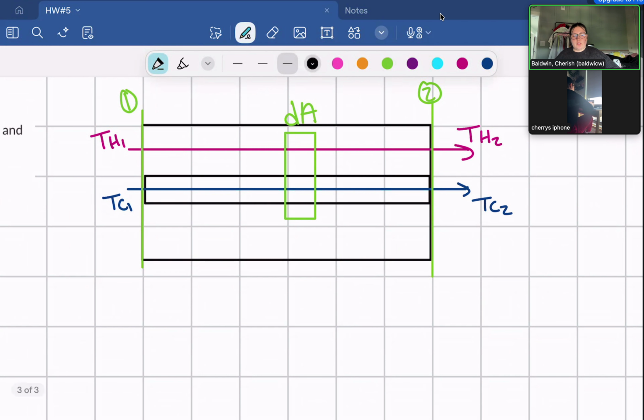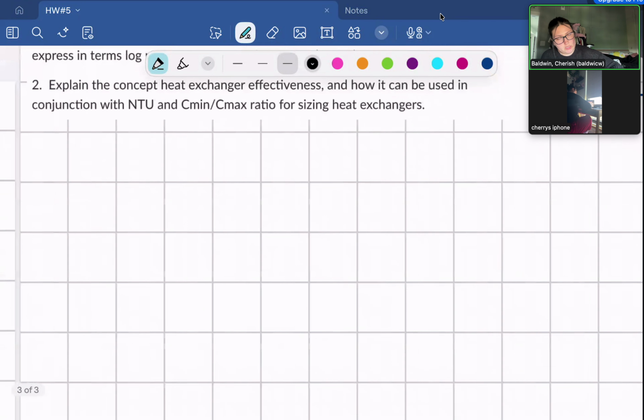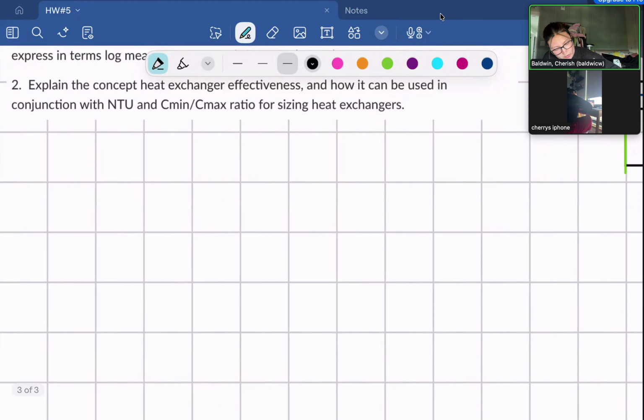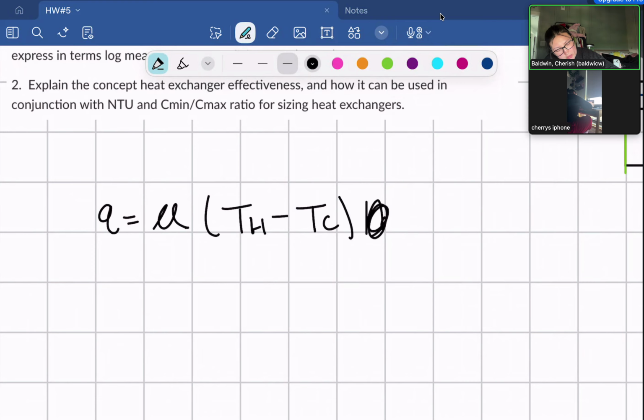So we're going to look at the general heat exchange equation, which is Q is equal to U, the universal heat transfer coefficient, times the temperature of the hot minus the temperature of the cold, times the heat exchange area.